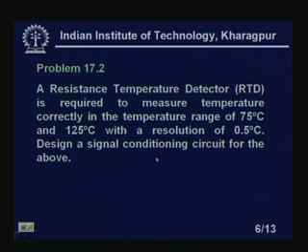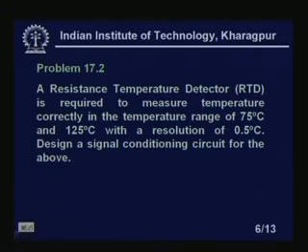This is the range; I will not measure below 75. This is very common in industrial problems, that we do not always necessarily measure from 0 degree centigrade to 30 degrees. So, there is a particular range, and within that range we will look at what my signal conditioning circuitry will be.